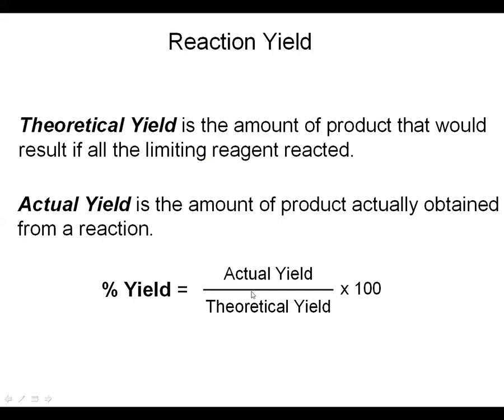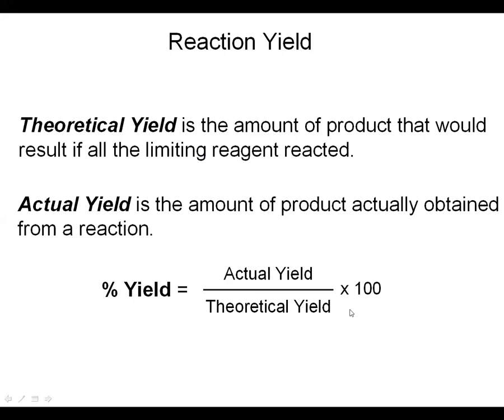Whenever we calculate how much product we produce from the actual equation, that is what is known as the theoretical yield. The theoretical yield is the maximum amount of product that you should get in a reaction if everything went perfect.